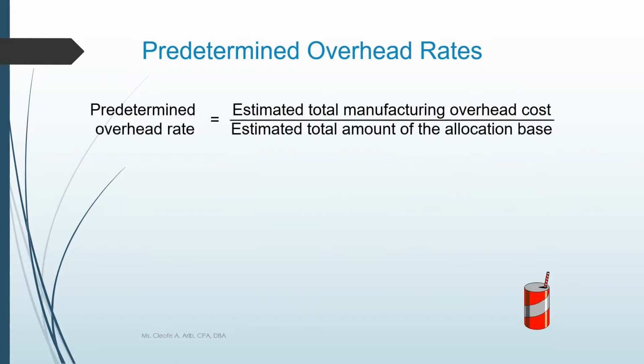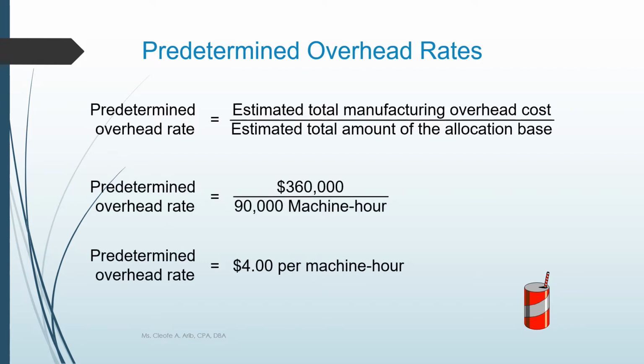Before we solve for the volume and budget variance, let's first solve our predetermined overhead rate. For Cola Company, the allocation base is machine hour. As we can see in the slide, the POH is $4 per machine hour. We computed the POH first so that it will be easier to solve for the different fixed overhead variances later on.